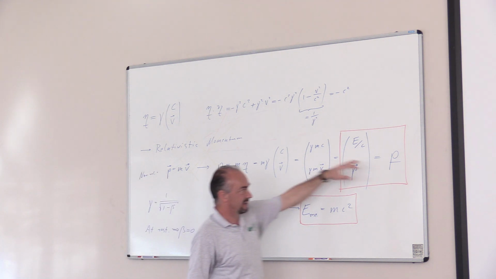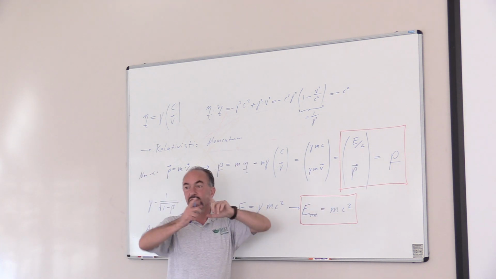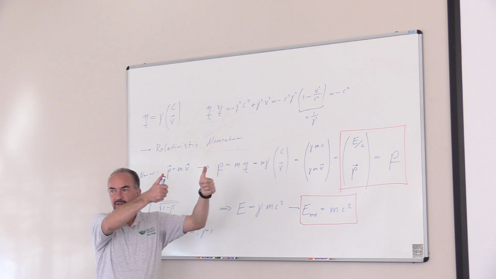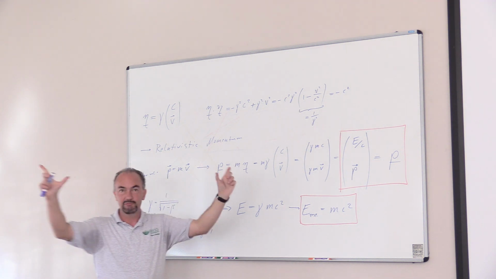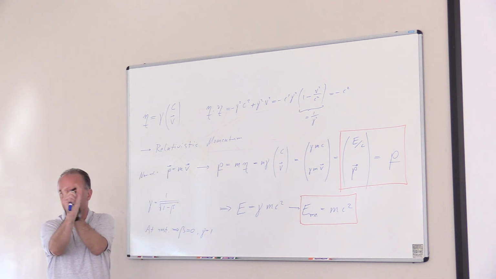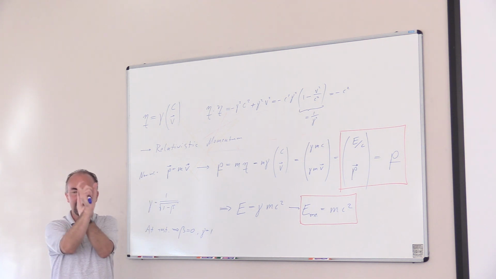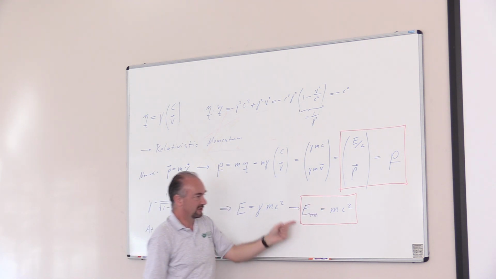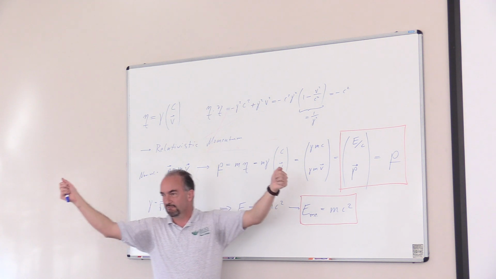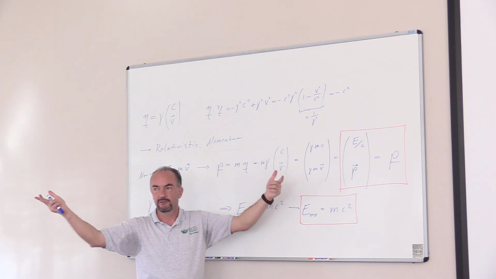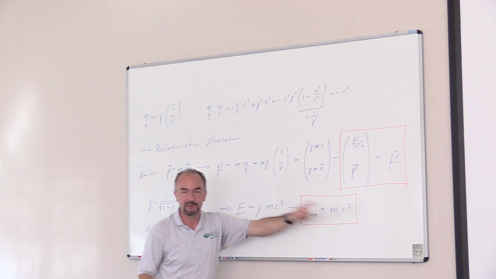And this is actually energy that can be converted into other forms. You've probably heard of matter-antimatter annihilation, electron-positron annihilation. The energy in this rest mass can actually be converted, say, into energy of radiation. So this is actually available energy.